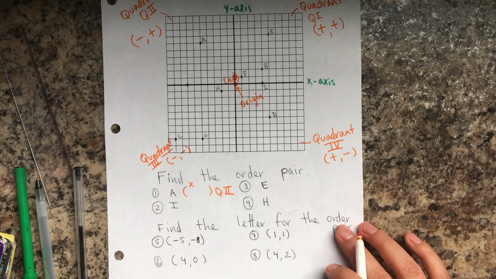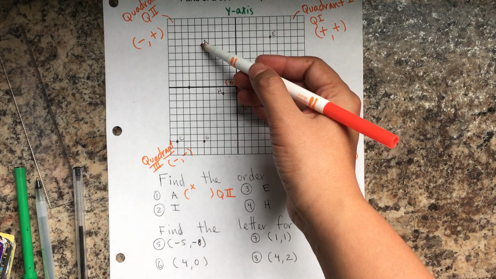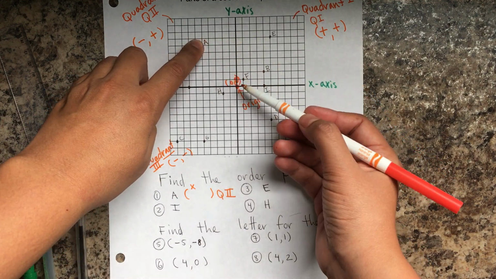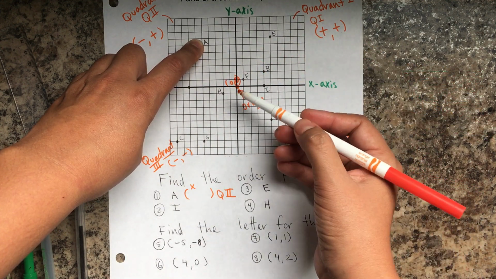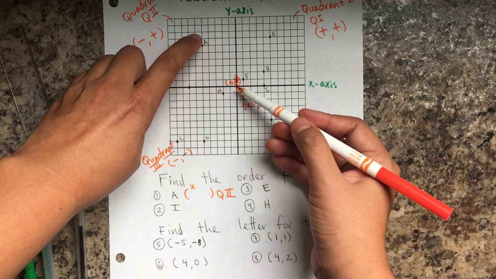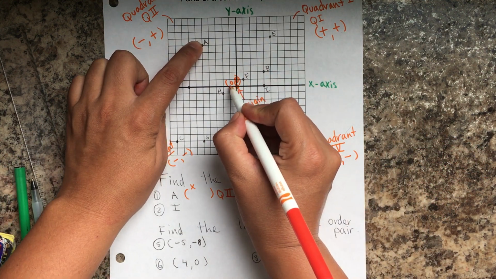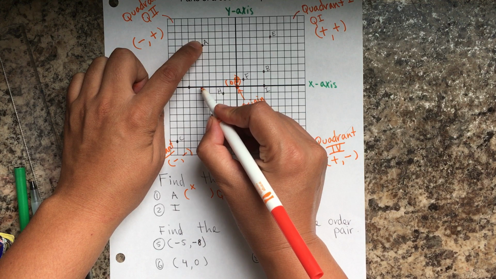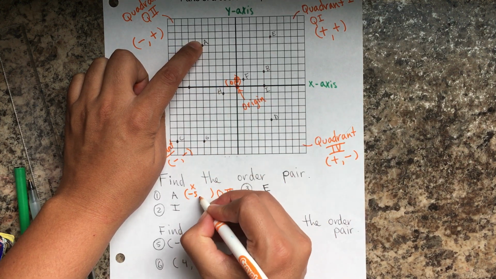Okay, so now that we have that information, let's look at point A. It's right here. To get to that point, you always want to travel on x first and then y. So what do I need to do to get right there? Well, we are going to travel 1, 2, 3, 4, 5. So it's going to be negative 5 for x.